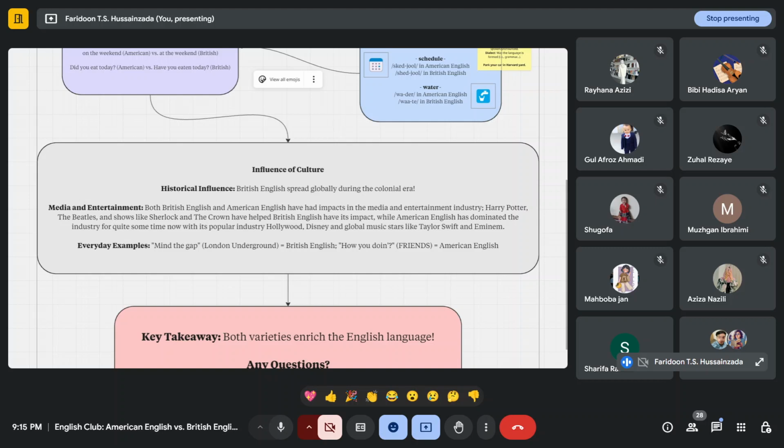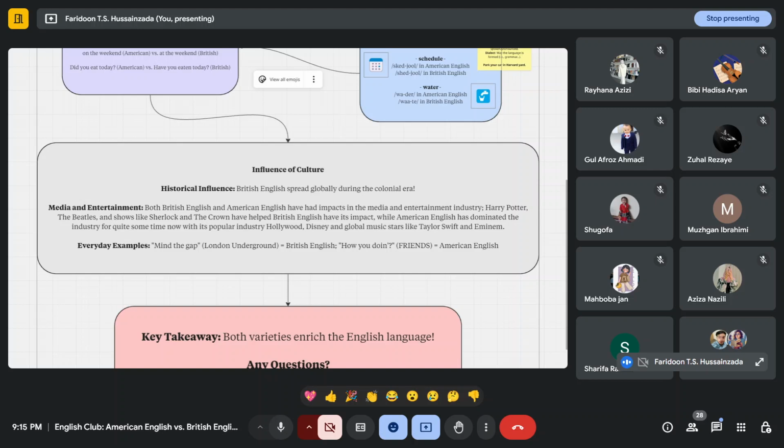Because British English, historically speaking, was a much bigger superpower. As I mentioned before, it was trying to conquer the entire world, so it went to India, it went to this place, it went to that place. So you could say, as written here, British English spread globally during the colonial era.